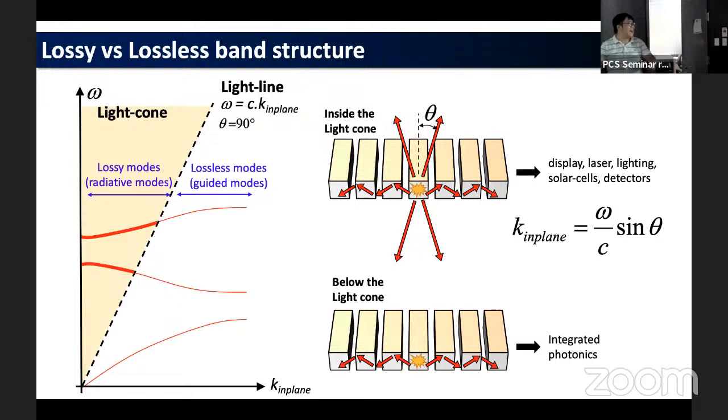So we are talking about guided modes. So there are no losses. These kinds of modes are perfect for integrated photonics. So the light line divides the band structure into thick spaghetti, the radiative modes, and super thin spaghetti, where there are no losses.